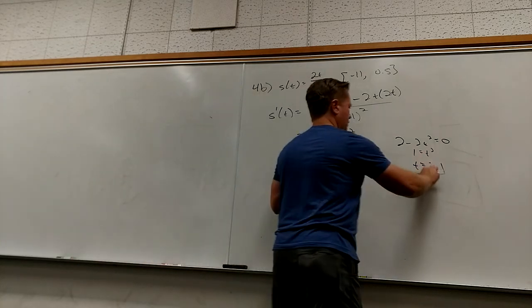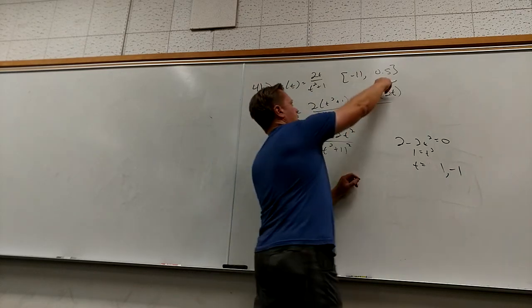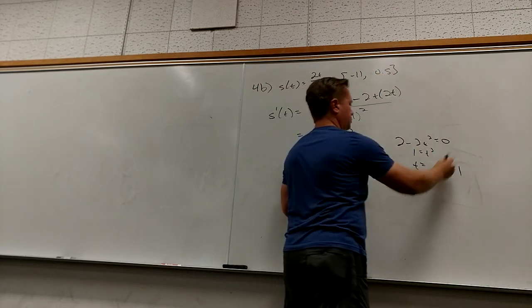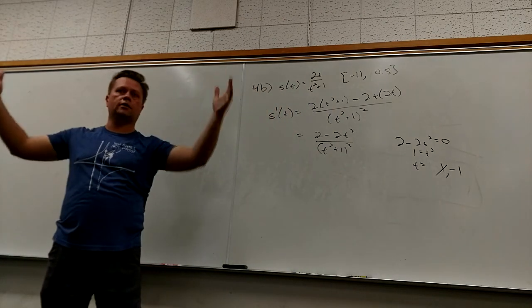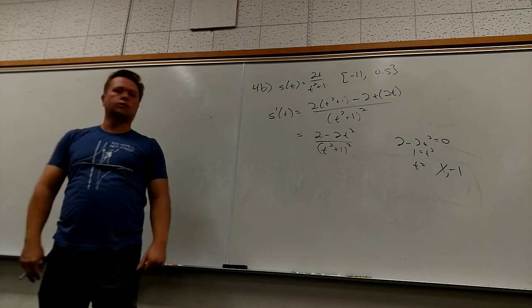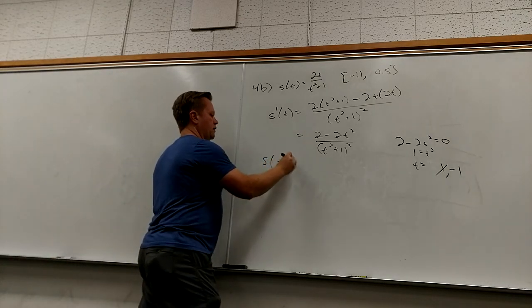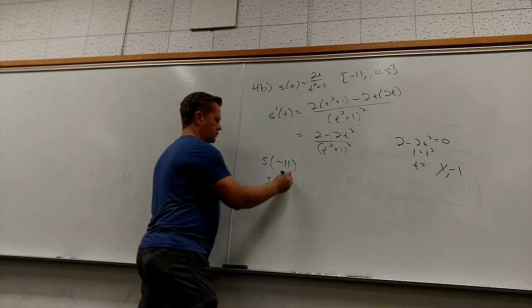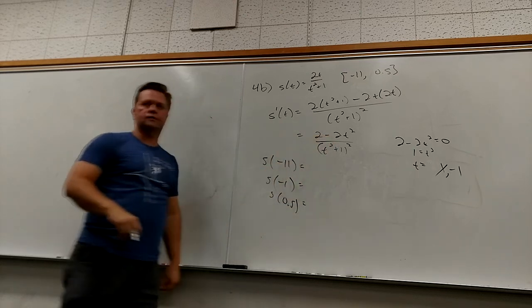Let me write that out like this. Which one can I throw out? 1, because it's not in the range. It's not in this interval. And now you just plug in. You put them in the calculator. What's S of negative 11? What's S of 1? Negative 1, sorry. And what's S of 0.5? And you see who wins the 2 prizes.